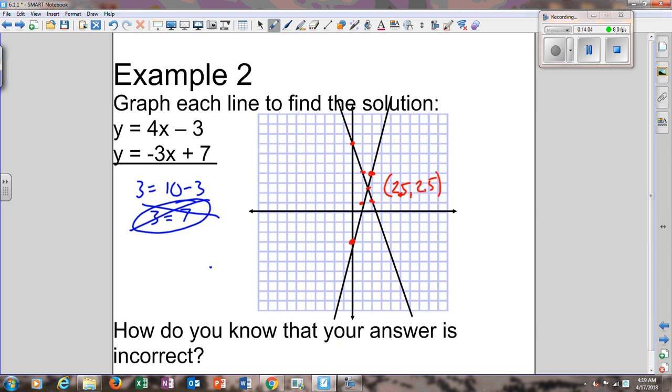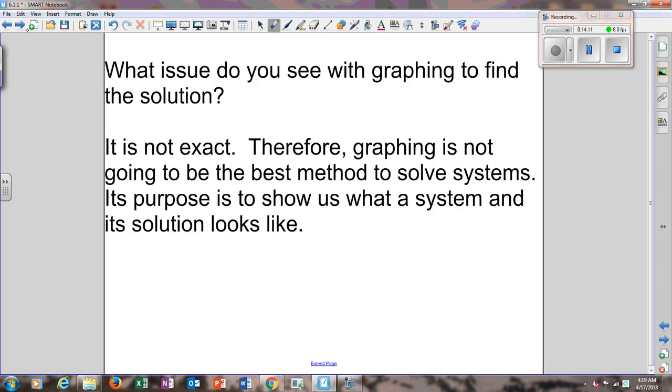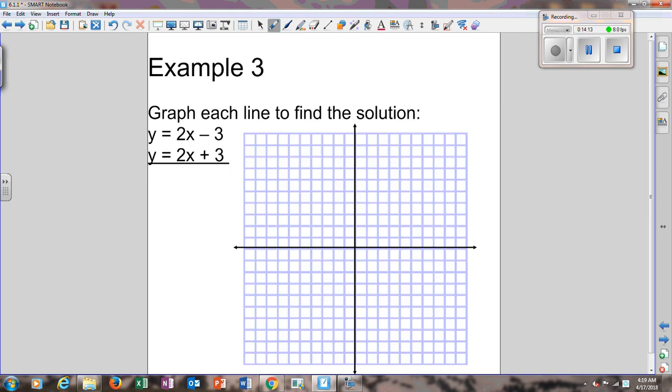That's not going to be right. For the ones that I give you, they're going to have clean answers, no decimals. So you should come up with clean answers. All right? We are going to learn far better ways to solve these systems in the future, so you know.